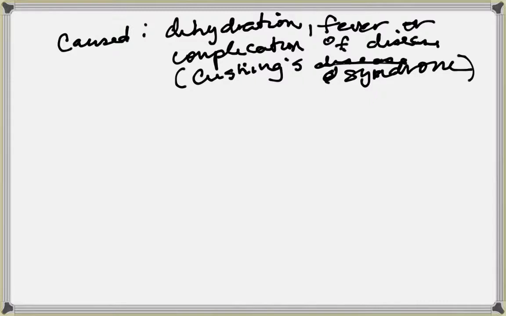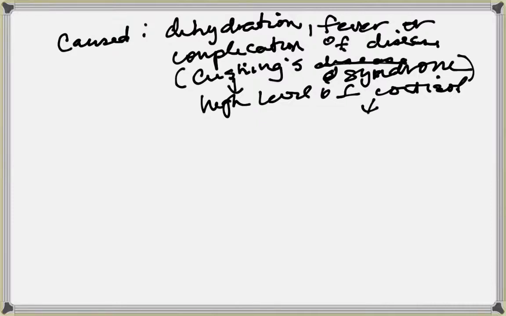So Cushing's syndrome essentially happens when you have a high level of cortisol. And we'll talk about this a little bit more whenever we get into the endocrine system. And cortisol essentially acts kind of in your body like a diuretic.